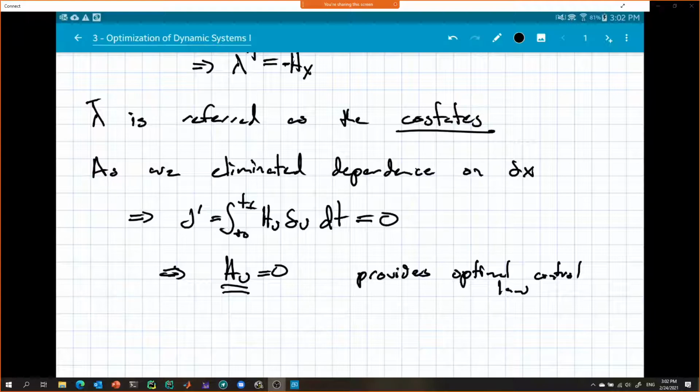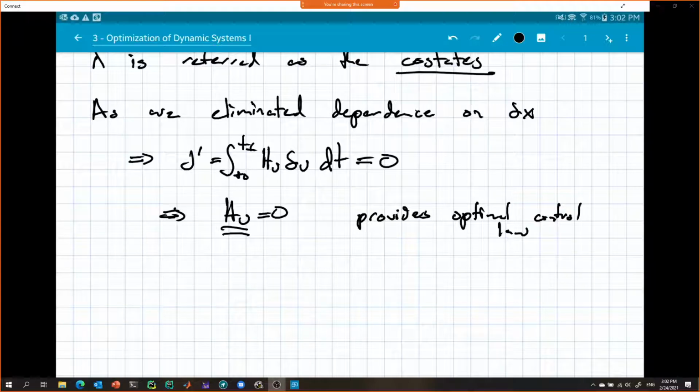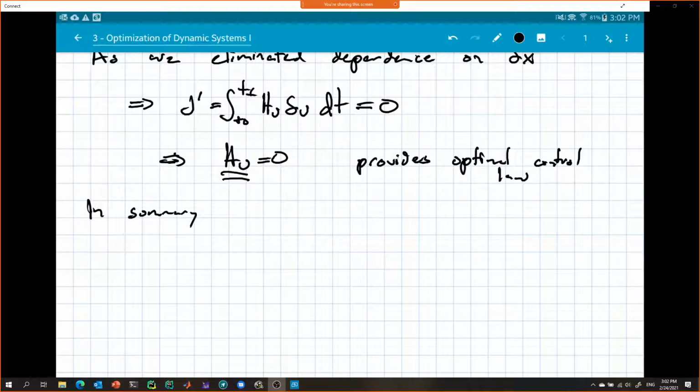Of course we get other things, but from now on you could think of it as minimizing the Hamiltonian with respect to control, if these other necessary conditions are satisfied, and I have them written out as a summary on my last page. Then you can think of the Hamiltonian as your cost.